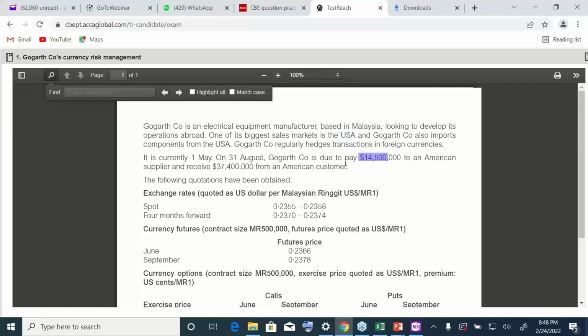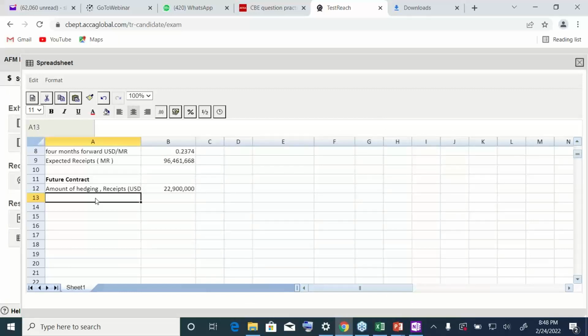When you sell the dollars, you will buy the MR. So that's why it is buy MR future. Which contract? September contract.